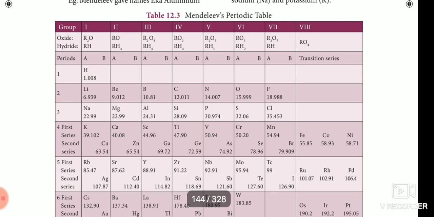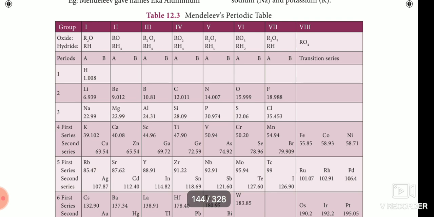Cobalt has atomic mass 58.93, then nickel has atomic mass 58.71. So it is a decreasing order, so the increasing order of atomic mass is not followed throughout the table.